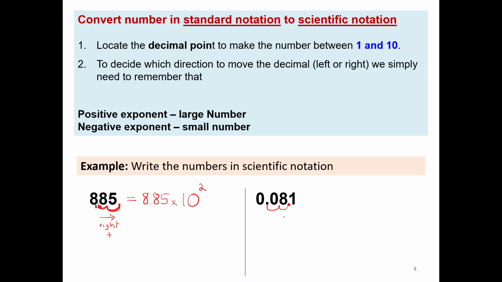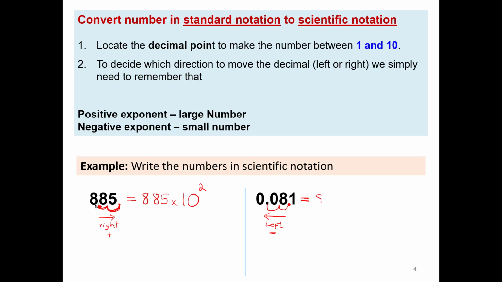But also we know because we move from the point we want to the actual decimal point 2 places to the left. This is negative. This is 2 ways you can determine if the exponent is positive or negative.